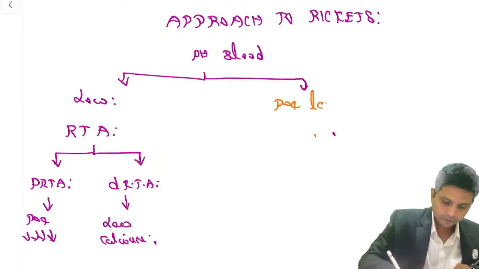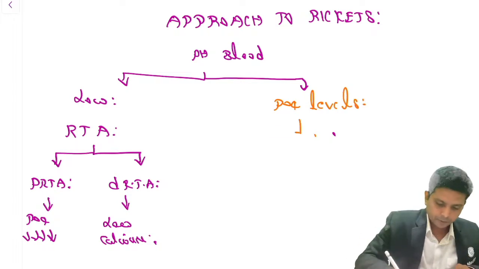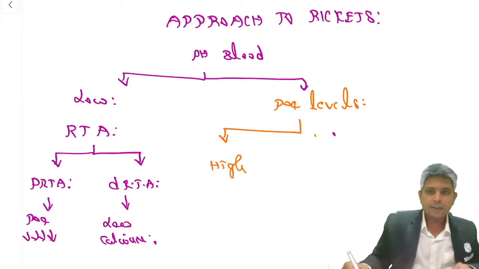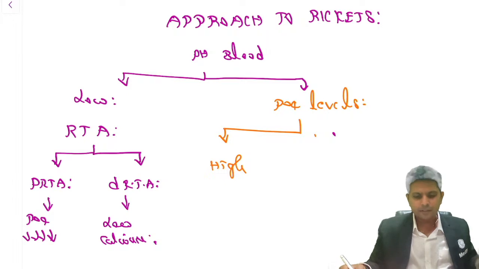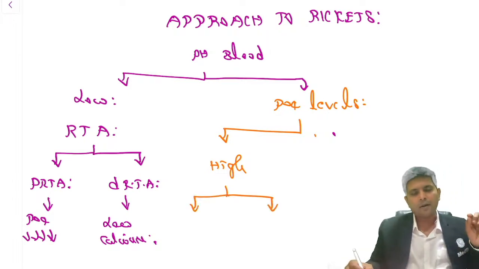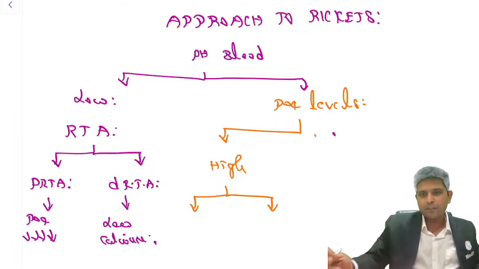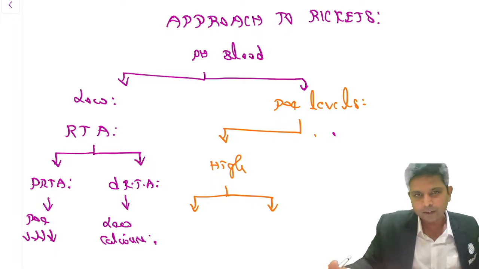phosphorus levels. If phosphorus level is high, it is very, very easy. Parathyroid hormone is the one which, what is the role of parathyroid hormone?